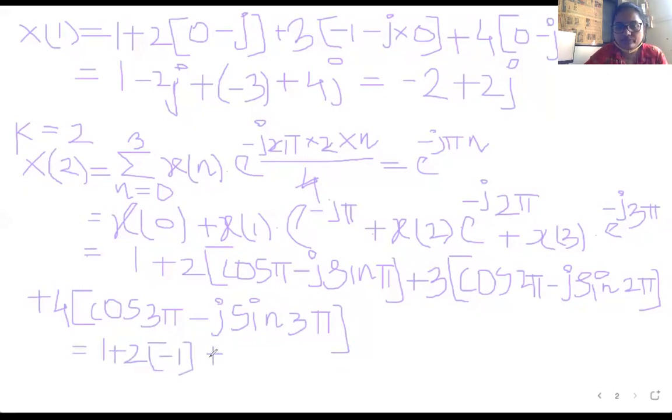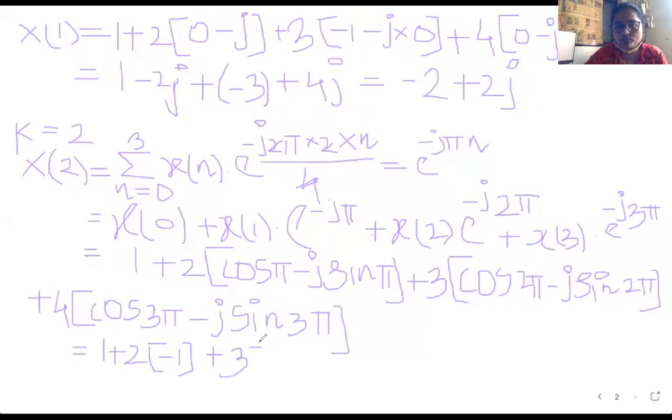Plus 3 into cos 2 pi. So tell me what is the value of cos 2 pi? What is the value of cos 2 pi? Now you can unmute by yourself. Aishwarya, you can tell. 1.